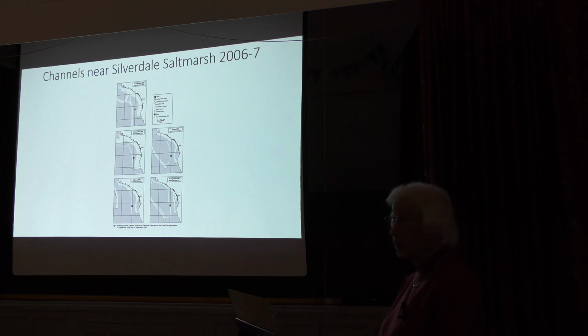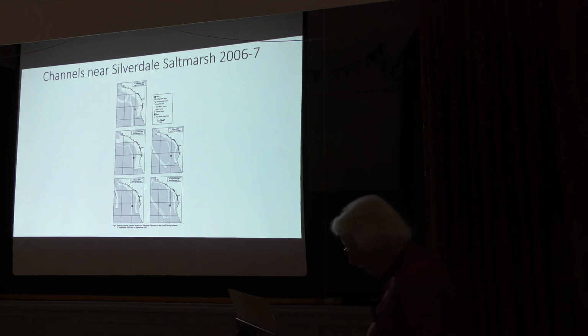And it seems that that was probably what caused the change. But it's still very difficult to be absolutely sure about that. But this was a very important change because the main channel moved across. You can see it's down here in March 07, but by June 07 it was further away from the marsh, and then by September it's right down over here. So a quite marked movement of the channel.